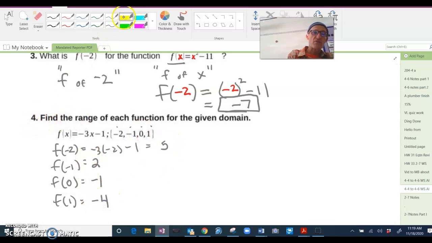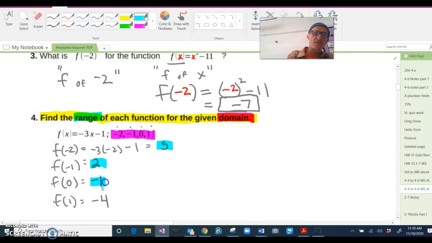The question says find the range of each function for the given domain. The domain is this. So the range is this, this, this, and this. So R equals, put it in brackets, {5, 2, -1, -4}.